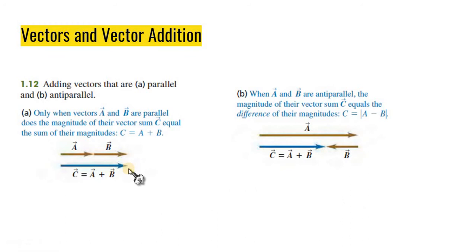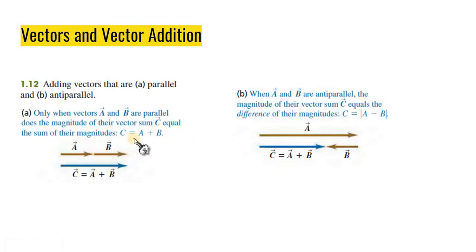Okay, adding vectors that are parallel and anti-parallel. So letter A, only when vectors A and B are parallel does the magnitude of their vector sum C equal the sum of their magnitudes.